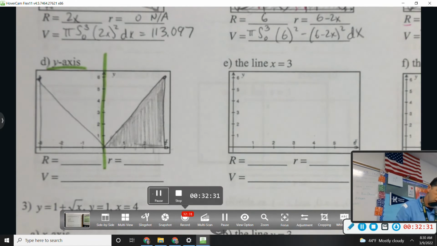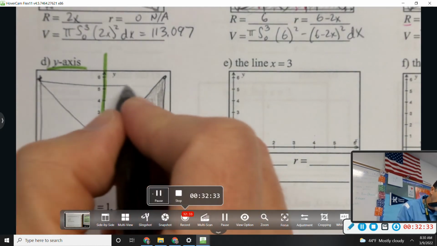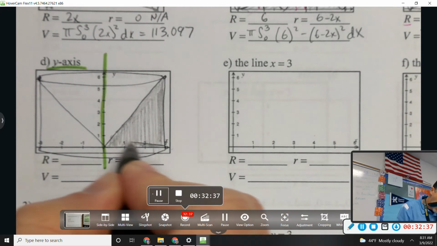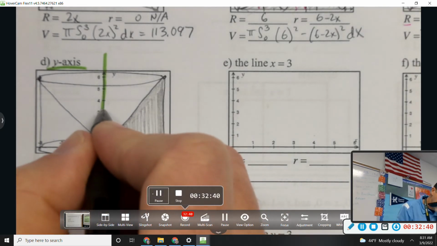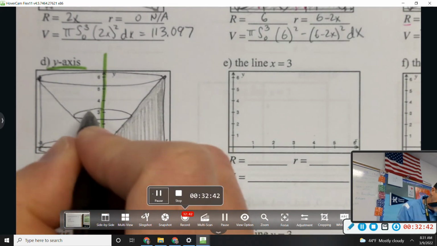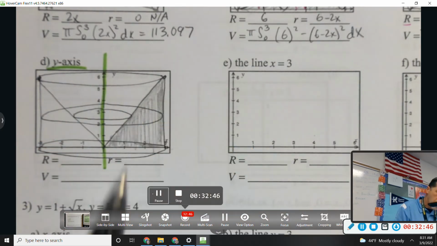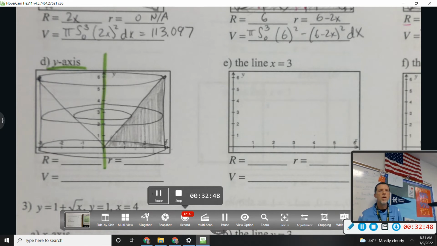Big circles on this one. So this is another one where it's a cylinder with a cone missing from the middle of it.